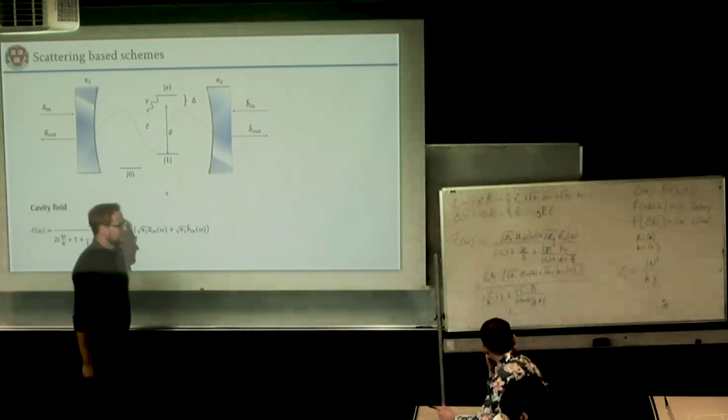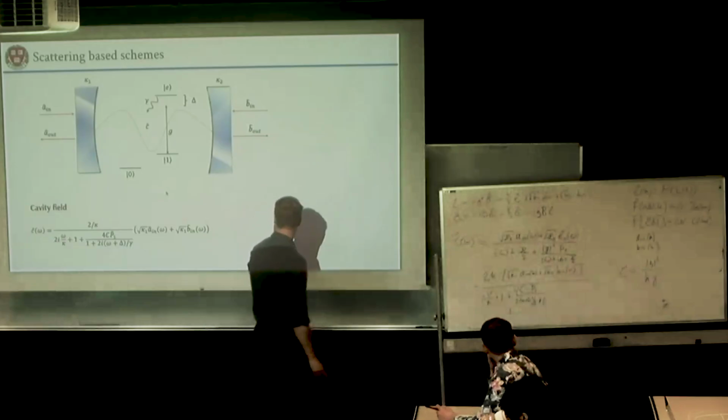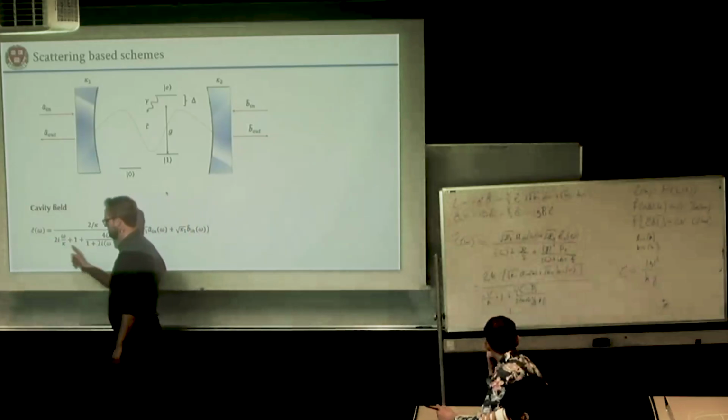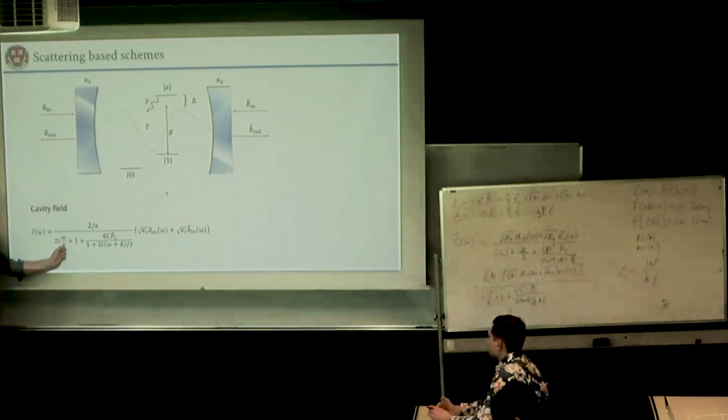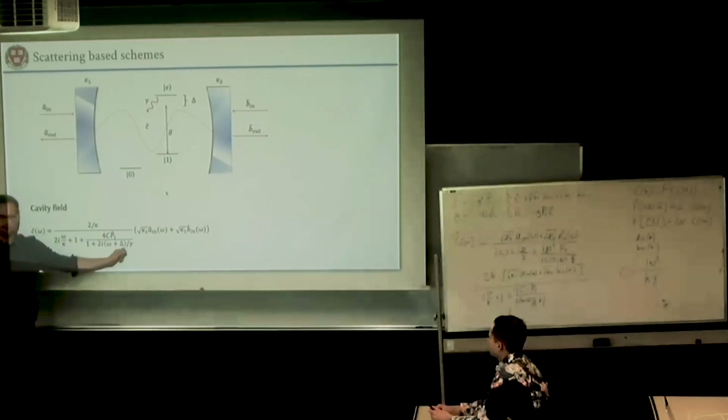Another thing we can extract from this is that when you define it like that, you have omega in units of the cavity line width, the rate kappa, and omega and delta in units of the excited state line width, gamma.